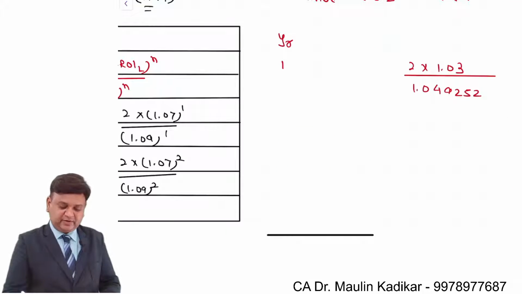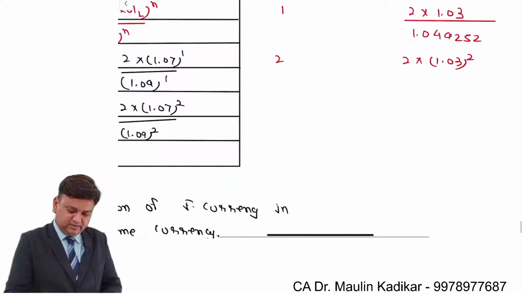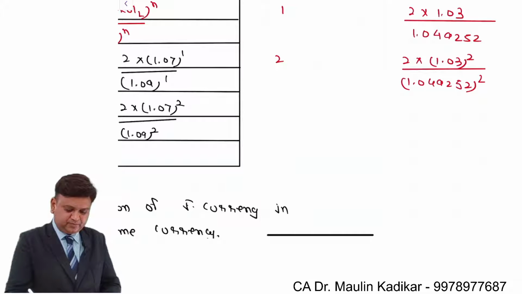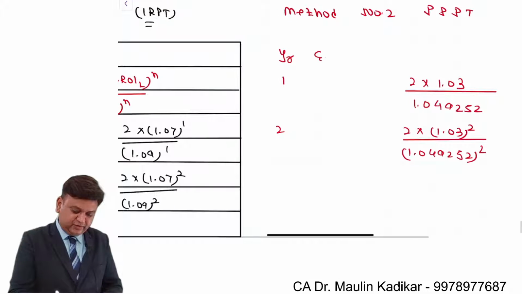This is for end of year 1. Similarly, we will do it for the second year: 2 into 1.03 raised to 2 divided by 1.049252 raised to 2. This is the way the exchange rate will be calculated for the first year and second year. It is East African dollar per rupee.